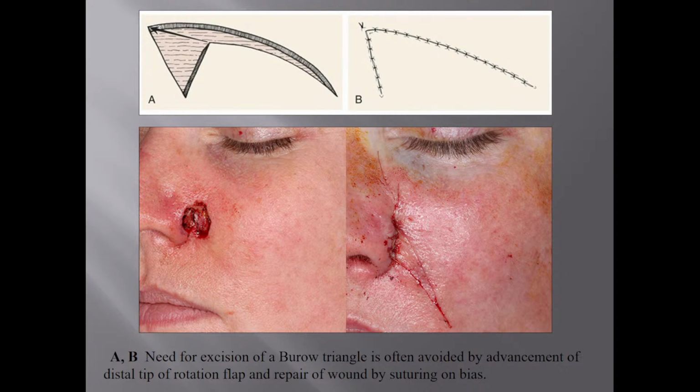Increasing the degree of undermining of the flap without lengthening the border of the flap doesn't significantly decrease wound closure tension. Likewise, enlarging the flap beyond a length of 4 times the width of the defect doesn't significantly decrease wound closure tension.